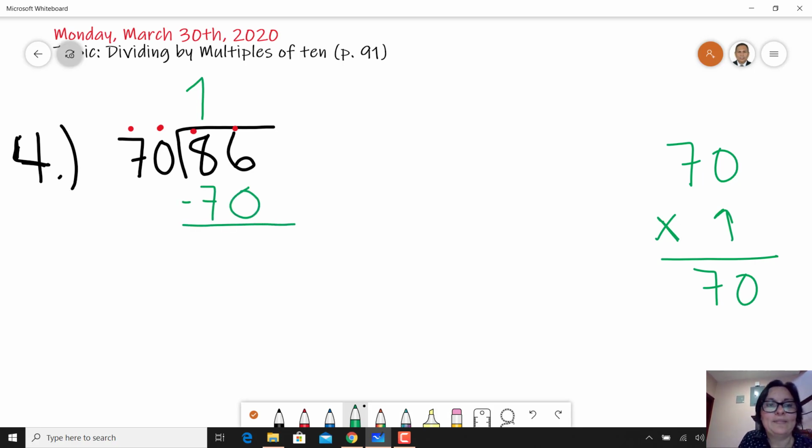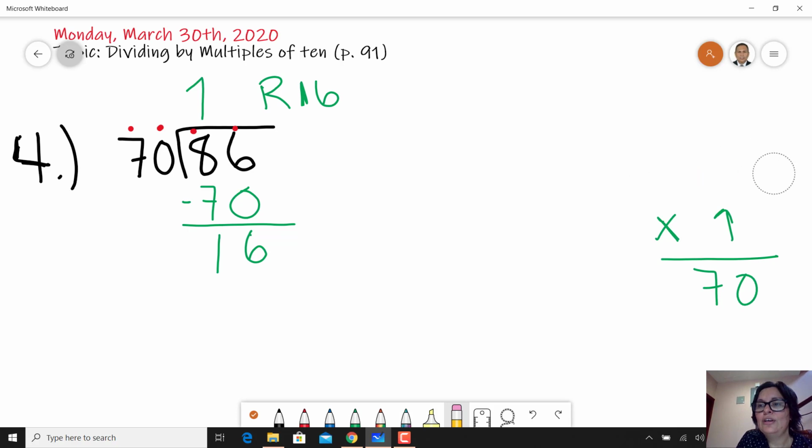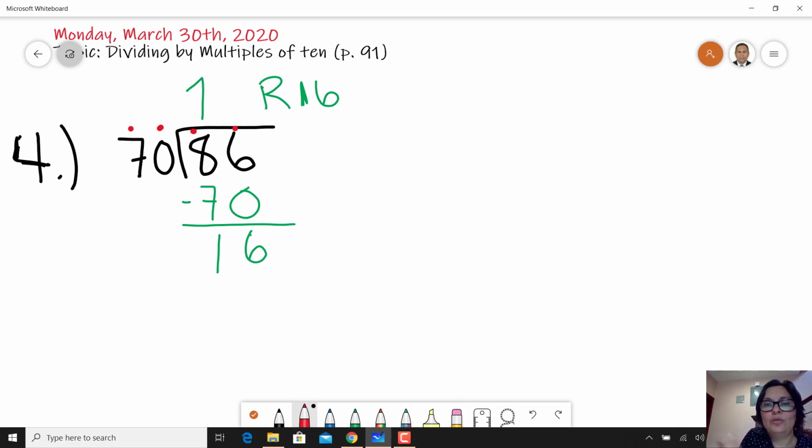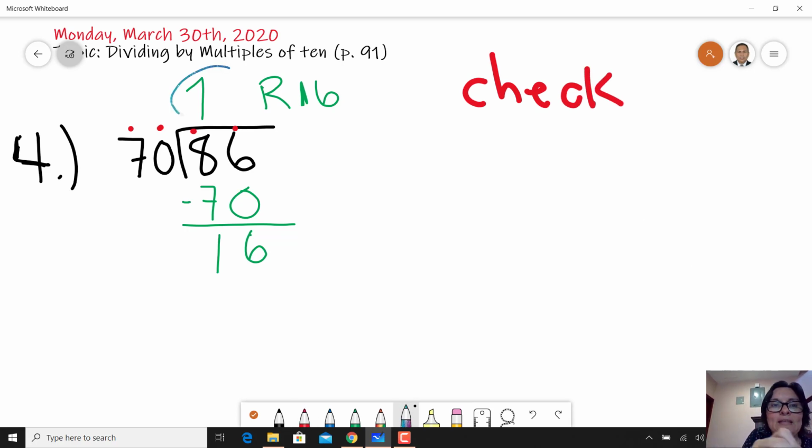And then we subtract. 6 minus 0, 6. And 8 minus 7, 1. So the answer is 1 remainder 16. But it says that we have to check. How do we check? Remember that for checking we have to multiply this times this plus this.